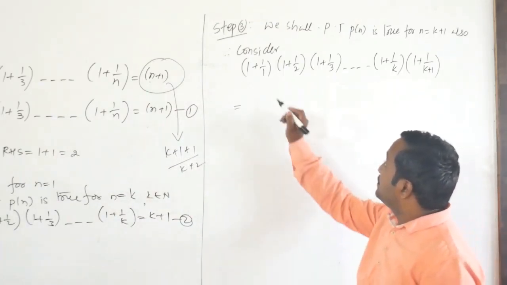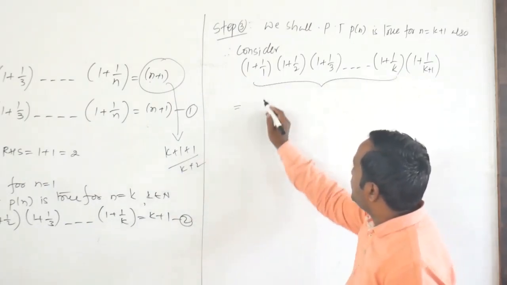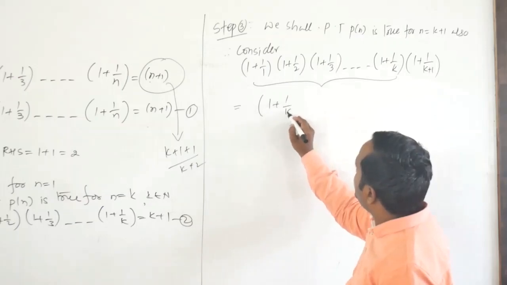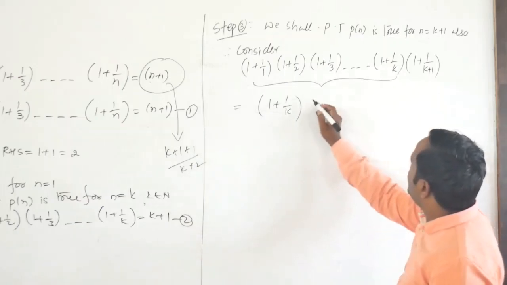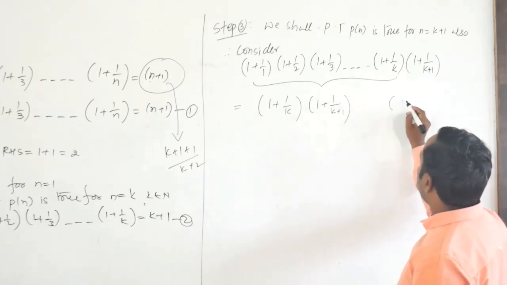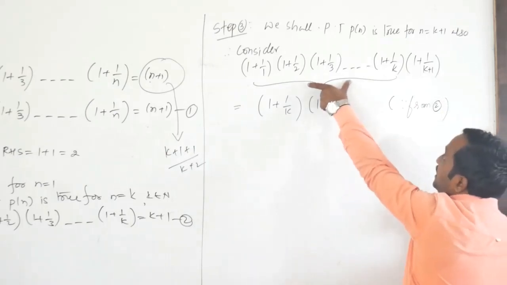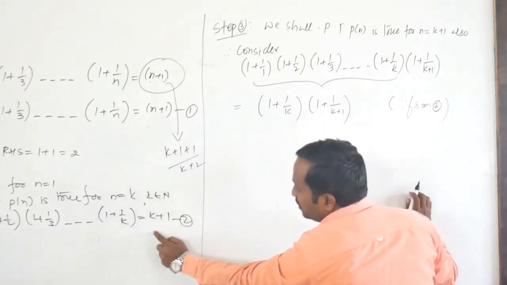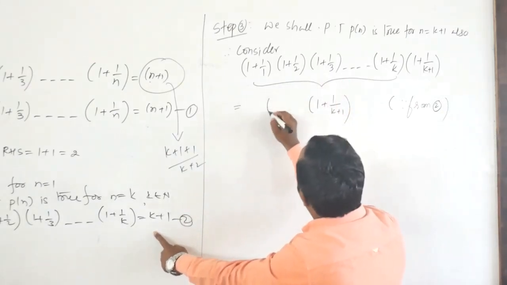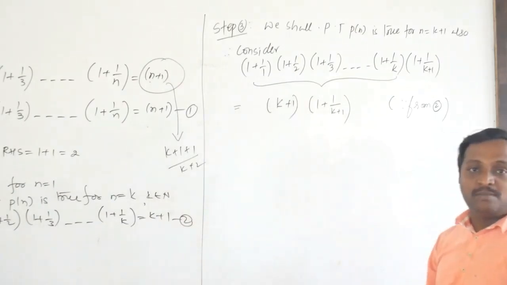Let us see. So this is nothing but, from step 2, I have to write this, nothing but 1 plus 1 by k. This is true, and this is 1 plus 1 by k plus 1. Because from 2 I have written this step, from 2 this product is nothing but k plus 1.